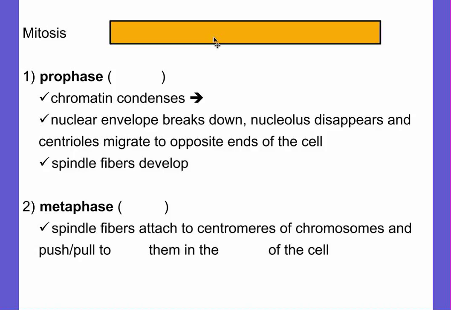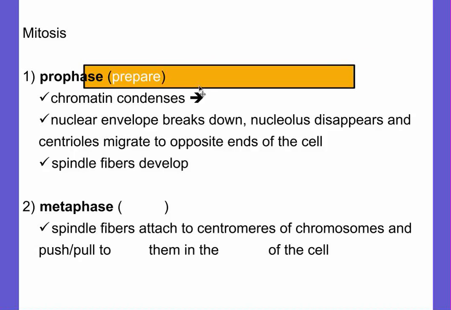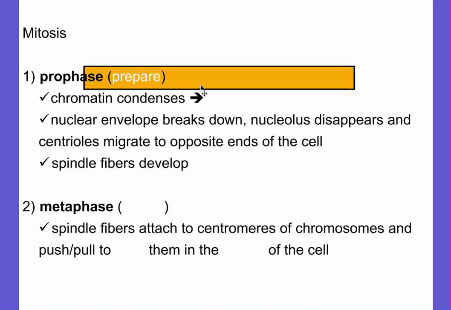So prophase. Our key word for prophase is going to be to prepare. Before you enter mitosis, you're in interphase. And in interphase, you have a nucleus, but you can't see the DNA.